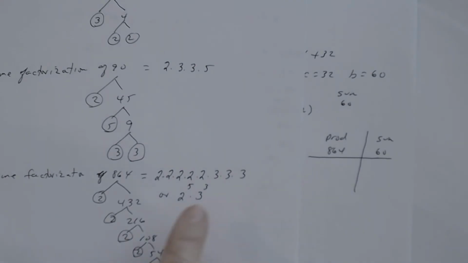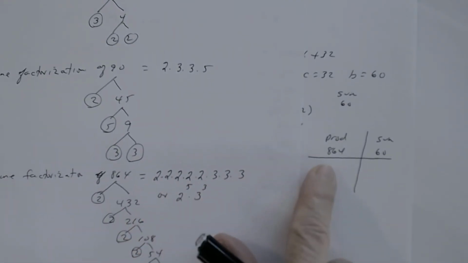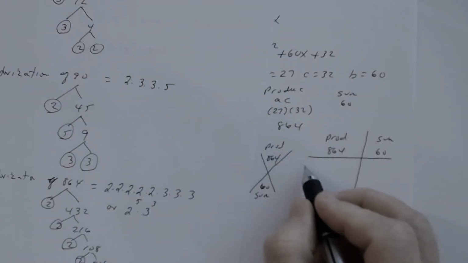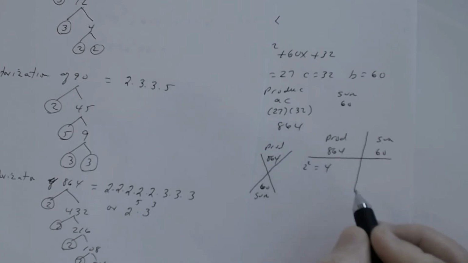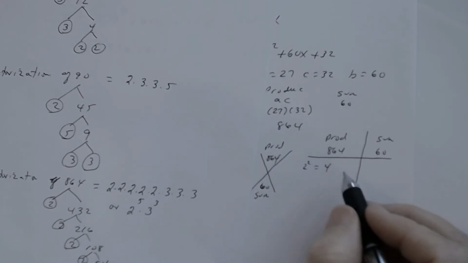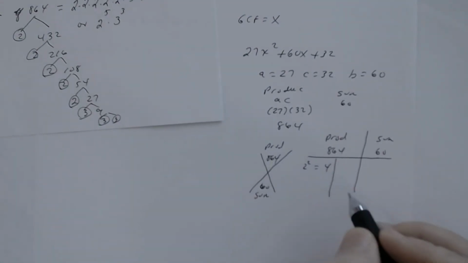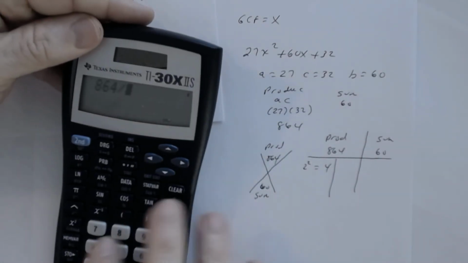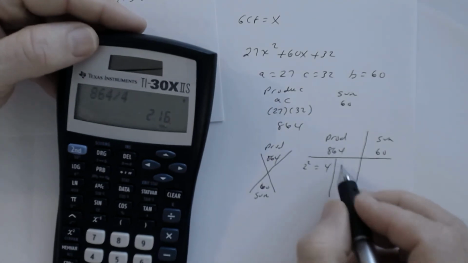So it may be that your small factors are not going to work. For example, you see I have 2 to the 5th? All right. Well, what about 2 squared? Well, 2 squared is 4, right? Well, 4 will go into 864, but what's the problem? So one of your factors is 4. The other one is going to be 216. Is that going to help you?